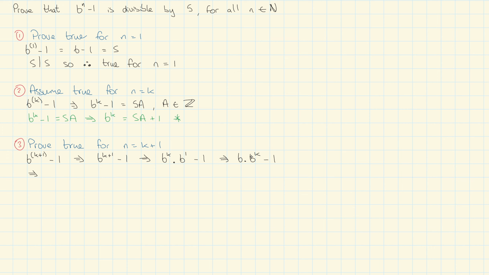And this step now is where I'm going to sub in. So we get 6 on 5a plus 1 minus 1. You might prefer to swap this out for brackets. So you get 6 on 5a plus 1, minus 1.